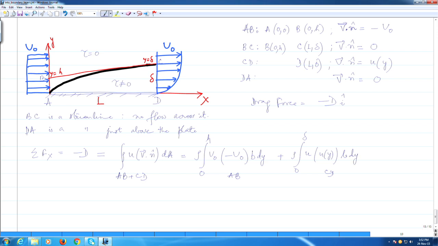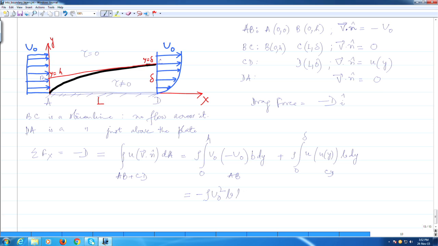So, if I do this, then what do I get? What I get here is minus rho u naught square b, y, which is h.